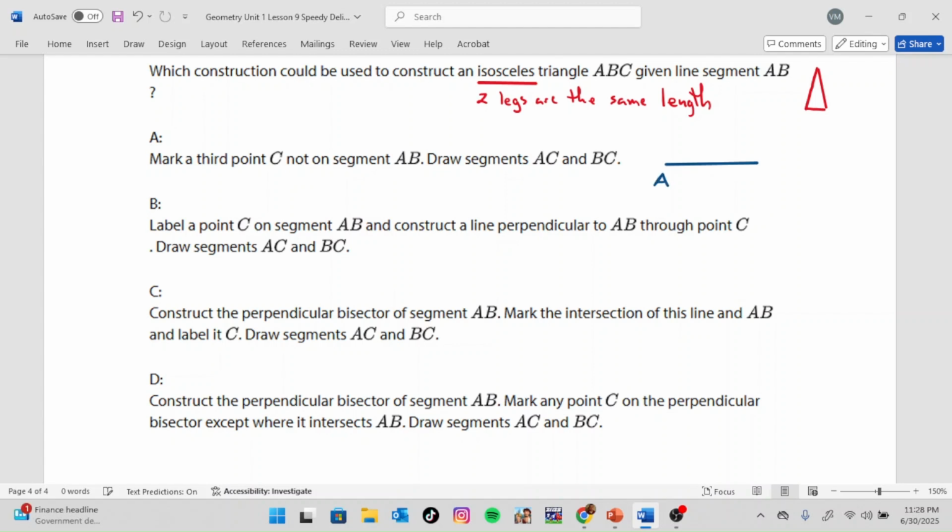We'll call this A and B. Let's do a random point C. And now if I draw segment AC, and then I draw segment BC, that does not create an isosceles triangle. Because if you're allowed to put point C just anywhere that's not on A or B, it doesn't necessarily create an isosceles triangle. So A would be incorrect.